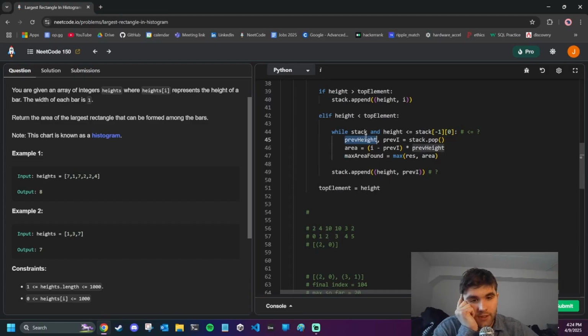So then previous height is 2, previous I is 0. So then area equals 5 minus 0, so 5 times previous height. So this is just 5 times 2.